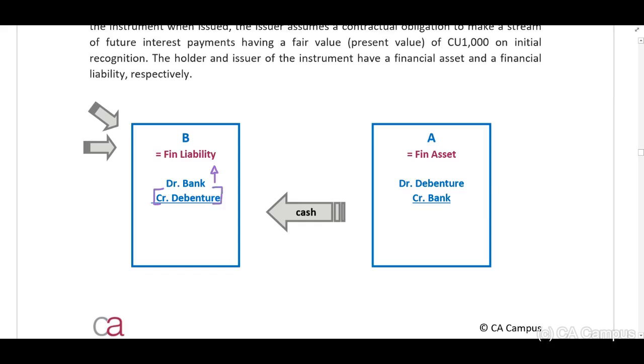Entity A will credit bank as they provide Entity B with a cash and debit a financial asset being the debenture. Now, what is important, guys, with the debenture? Remember the interest. Therefore, Entity A will recognize interest received and Entity B interest paid.